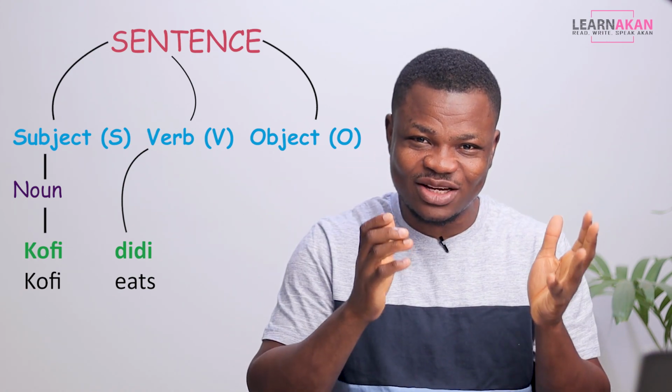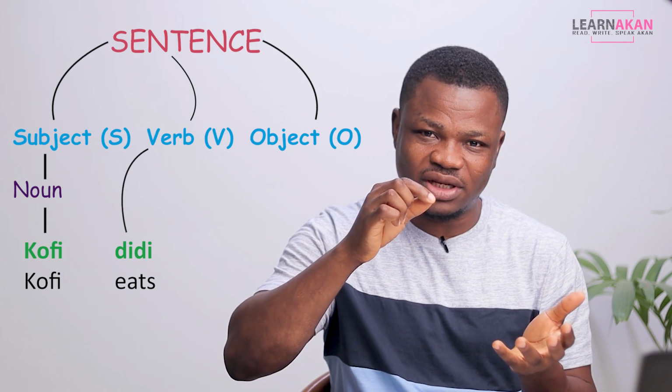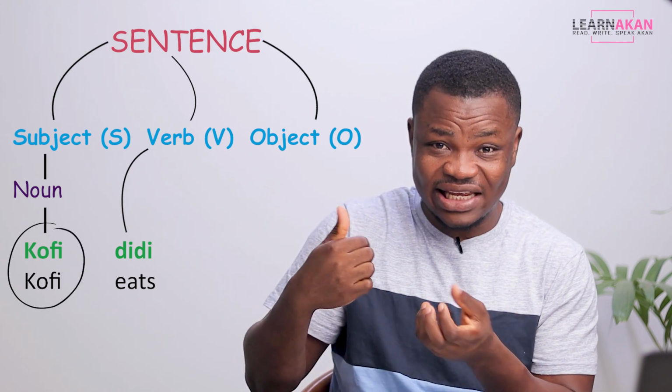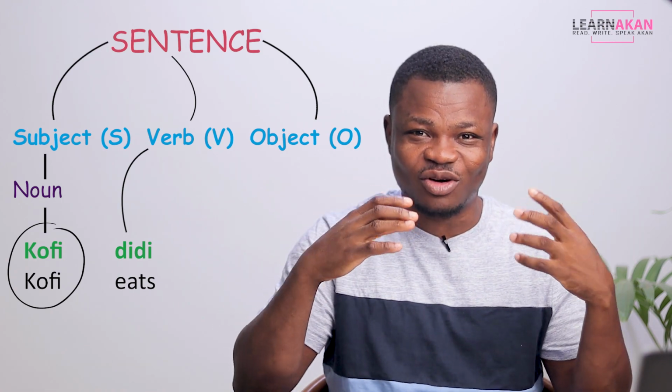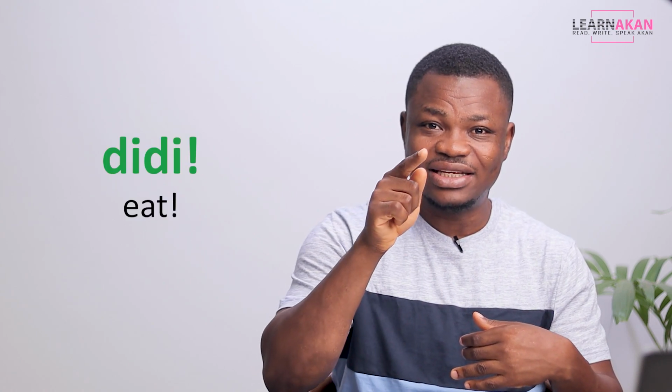Now, under the right circumstances, we can even drop the subject. The initial noun, we can even drop that and still be able to convey a complete thought. For example, if you are issuing a command, so let's say I'm telling you Didi.